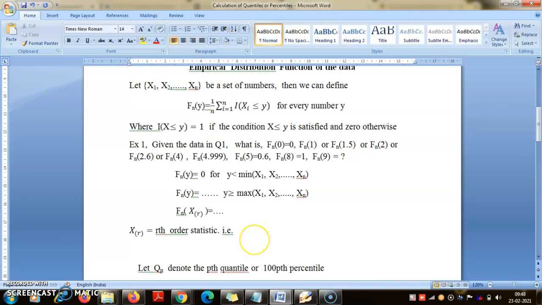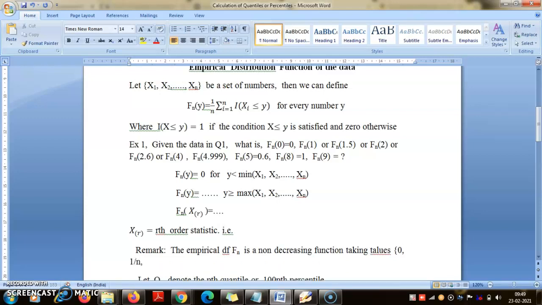Properties of Fn. Note, remark: the empirical distribution function Fn is a non-decreasing function taking values 0, 1 by n, 2 by n, up to 1.